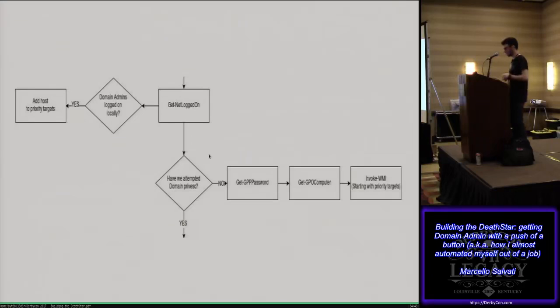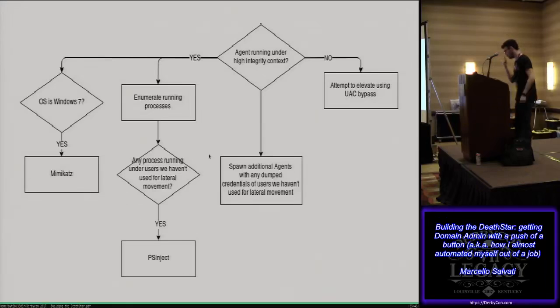Again, I'm not even trying Kerberoasting, this is just plain old group policy preferences passwords in group policy preference XML files, so we use the Get-GPPPassword module in Empire. We then parse the GUID of that group policy object to resolve, through GPO correlation, which computers that GPO is applied to. Then we use Invoke-WMI, and this is where the lateral movement starts. We start spreading out through the network using that local administrator account that we decrypted from that XML file.